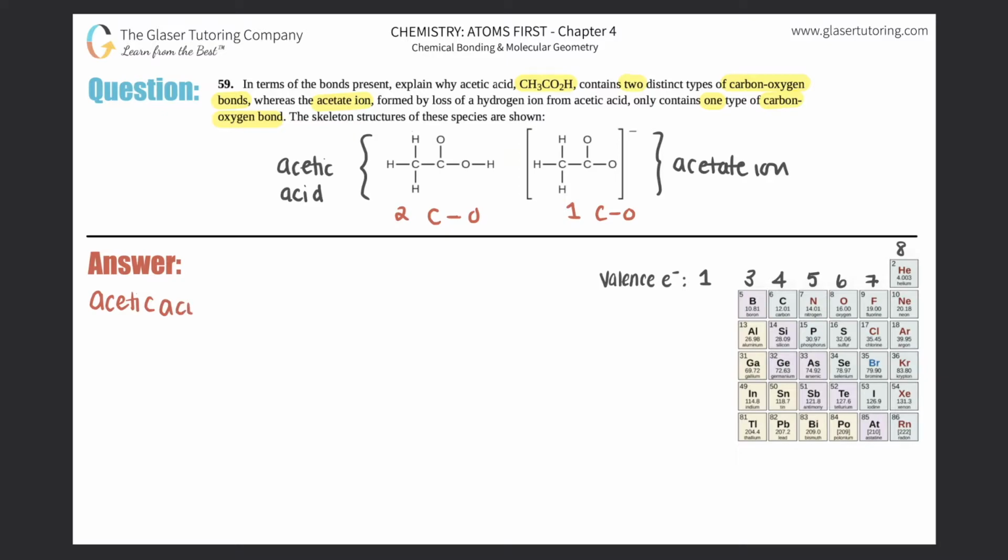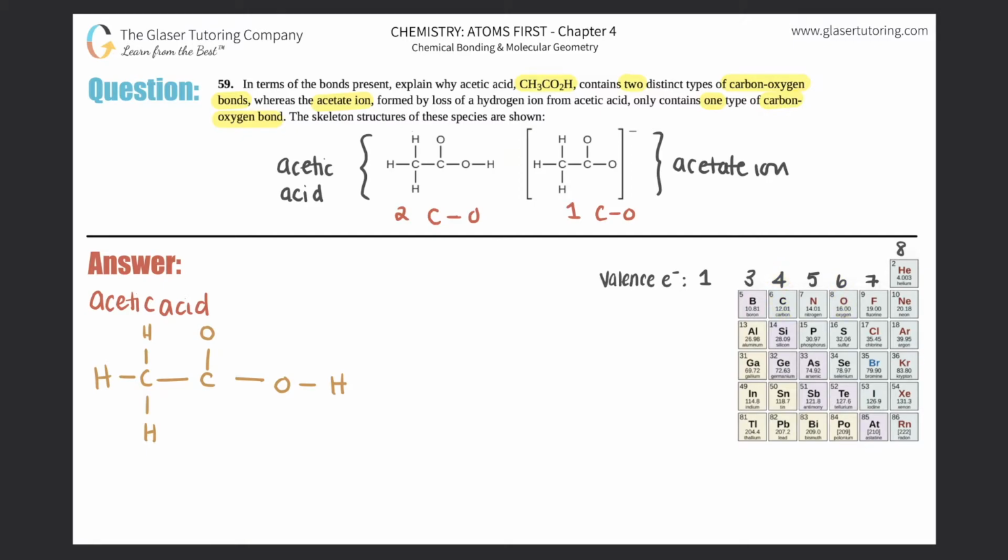Acetic acid. So I'm just going to write the backbone. So we have H, C, H, H. There is a single bond, then an OH, and then there's an oxygen. Okay. So remember, carbon wants to have 4 valence electrons and oxygen wants to have 6.